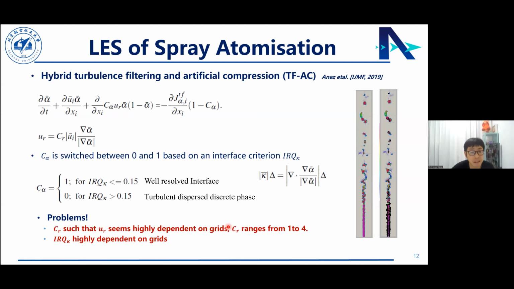And another thing is this criterion is highly dependent on the grids. This is a test by myself. The black point means where the interface sharpening occurs. And the test of the grid convergence I will show later.